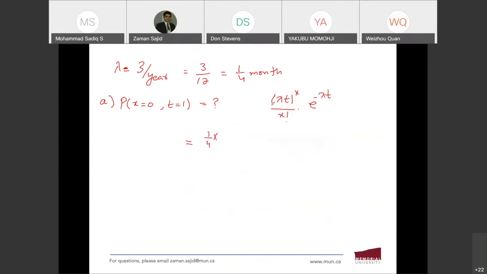The time here is 1, and the power will be x. X is 0 here, divided by 0 factorial, times e to the power minus 1 by 4 times 1. So when you solve it, you will get 0.7788. That's your answer here.